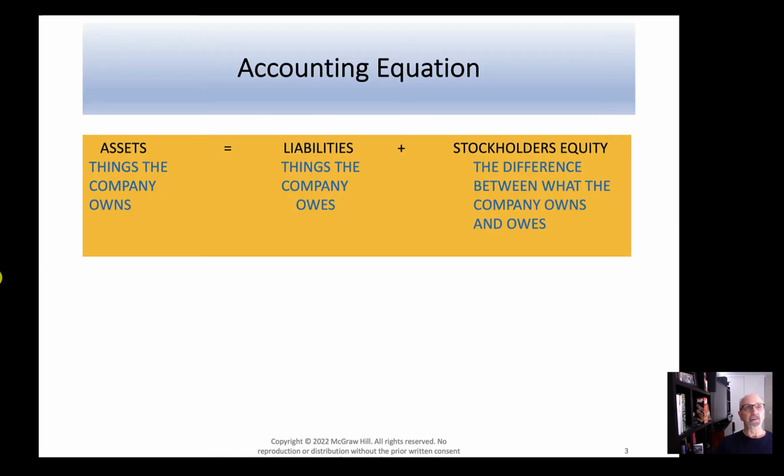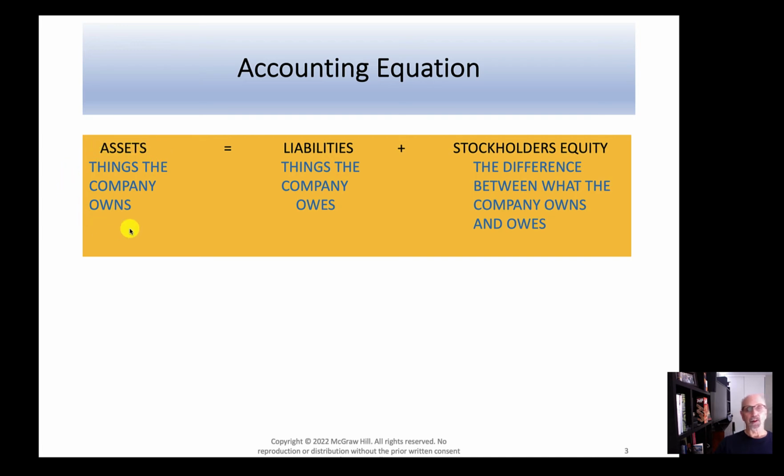So here is that infamous accounting equation. The accounting equation is very simply assets equals liabilities plus stockholders' equity. Pretty simple linear equation, right? For those of you who were excited about algebra. So what are assets?